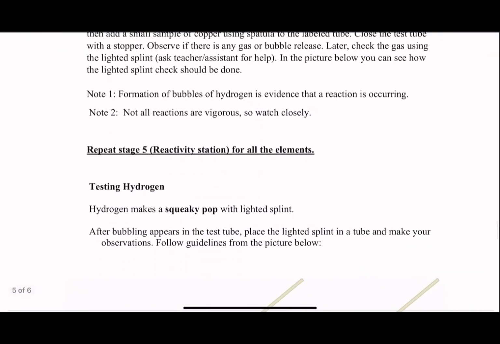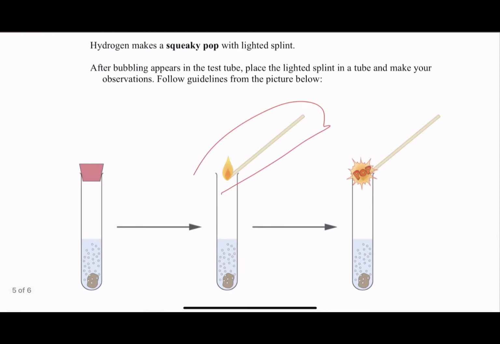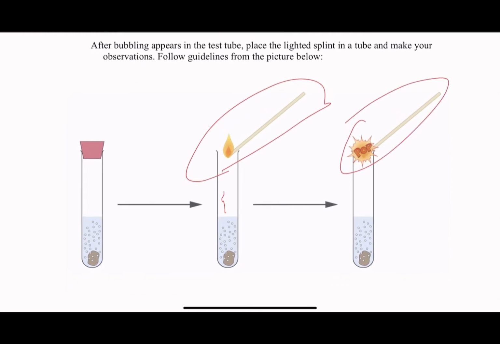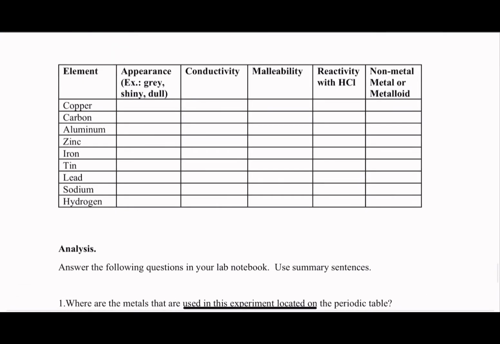Okay, and then now we also did this check. We had the reaction, and we were checking whether the hydrogen was coming out. If the hydrogen was coming out, there was a pop coming in the reaction. So you needed to fill in here, for example, aluminum shiny gray metal.